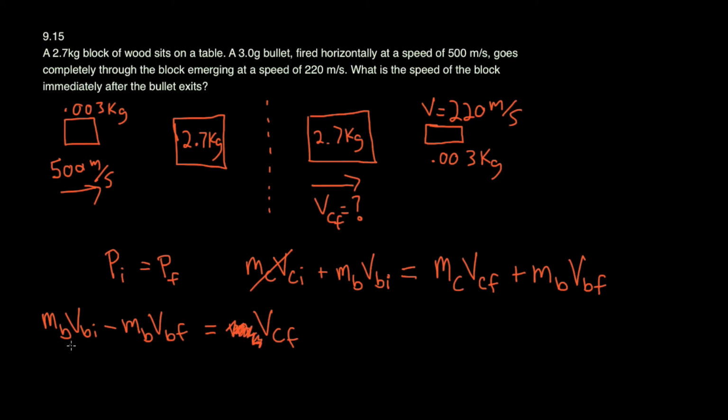So that becomes 1, and this is over the mass of the cube. And so this is our answer right here. And so the velocity of the cube final, when you plug all this into your calculator, becomes 0.31 meters per second. And that's problem 9.15.